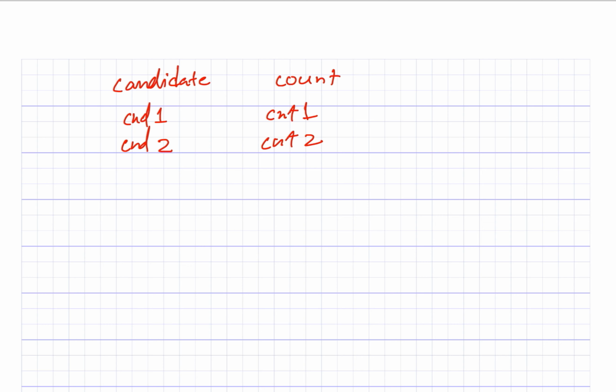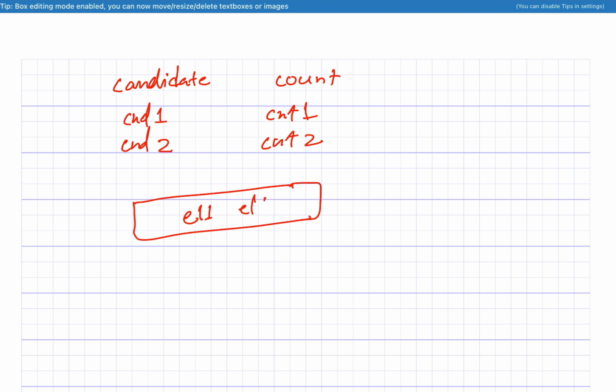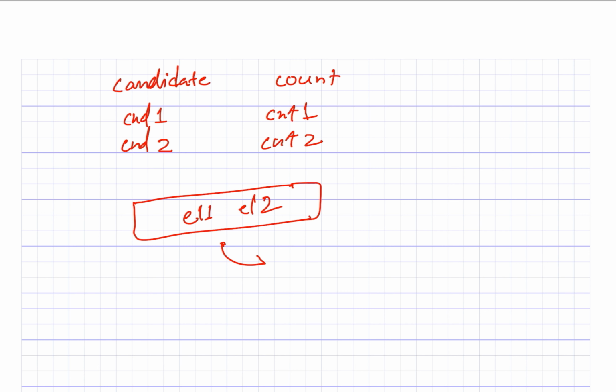What will we do? We will just see in our array which two elements are our candidates, the elements that may satisfy our solution.